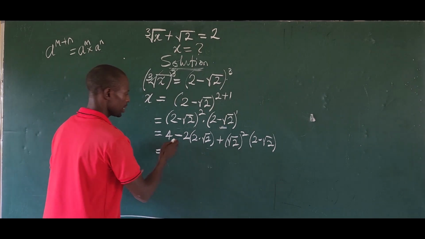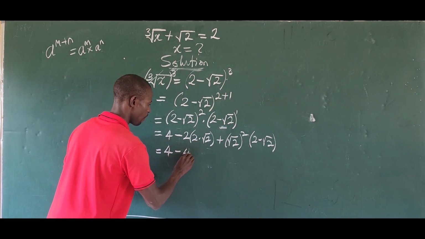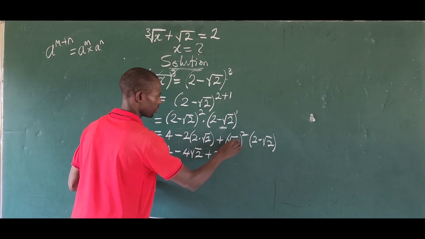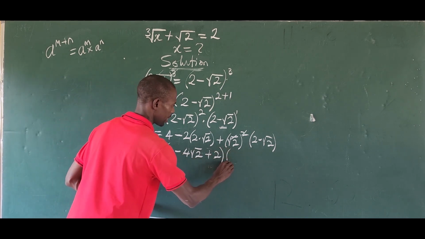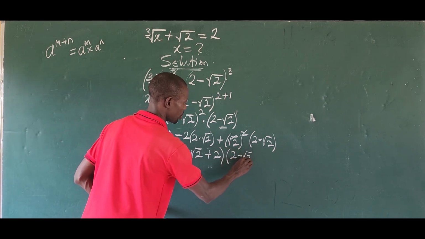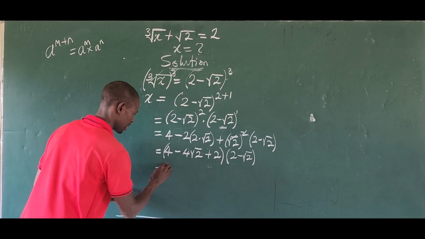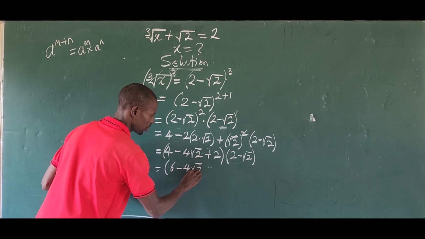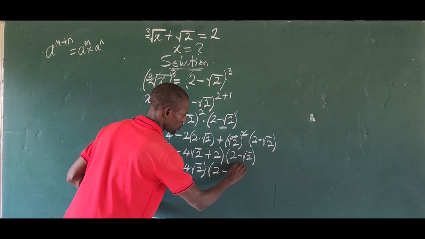Okay, so here we're going to have 4. If we open up this, we're going to have minus 4 root 2, then plus 2, because this will leave in bracket 2 minus root 2. We can add this and this together. So we now have 6 minus 4 root 2 bracket 2 minus root 2.